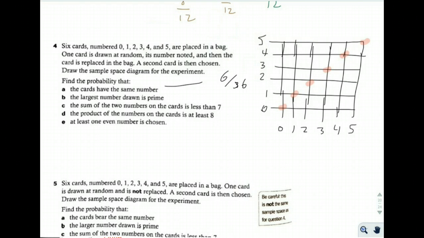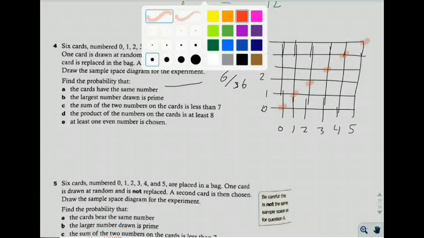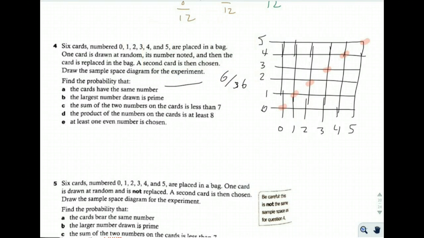And then the next one says the largest number drawn is prime. So that would be, let's see, 5, and the largest number drawn is 5. So that could be any of these. If the 5 is drawn, then that's definitely the largest. If the 3 is drawn, then it would be any time the 3 is drawn together with a smaller number than 3.